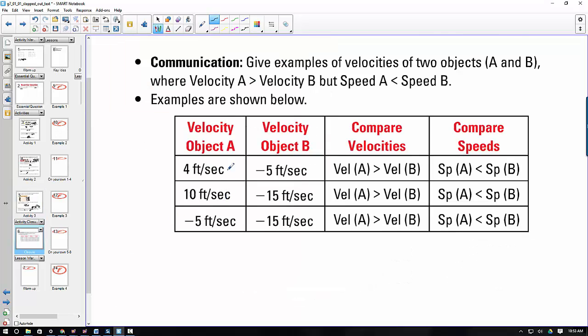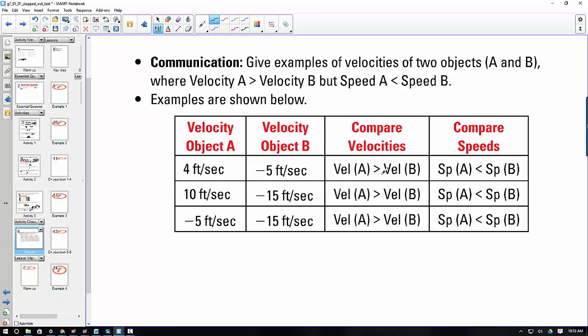So here's an example of velocities. If you look here, notice that there's some positive values and negative values right here. And then we're going to look at the actual speeds here. So if we look at velocity of object A, this is going to be greater than this. This right here is greater than this one. And this here is greater than this one. But it says the speed.